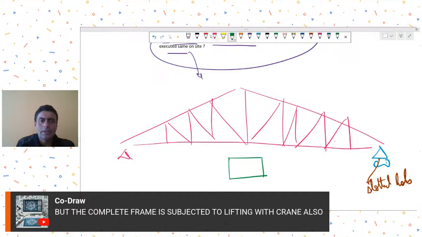this green is the base plate. Usually you have two plates, one is the bottom plate, one is the top plate. In the top plate you provide slotted holes in the direction of possible translation, and the length of the slotted hole is calculated on the basis of the expected translation.